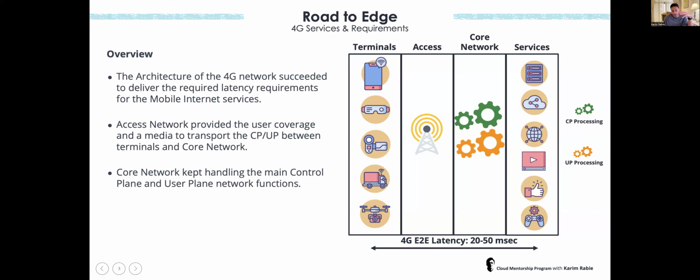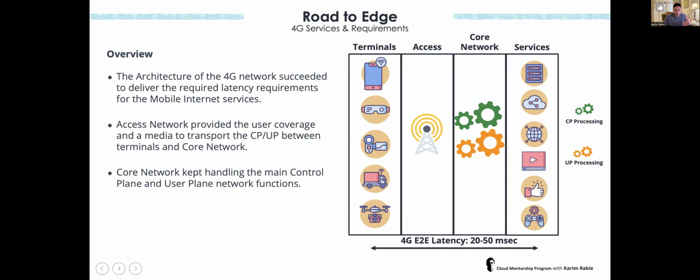These numbers are not accurate because there is no one place that does this kind of benchmarking, but I tried to scan multiple references and multiple documentation from the vendors. For example, some vendors say in 4G, the air latency, I mean the latency from the terminal to the eNodeB end-to-end is about 10 milliseconds.